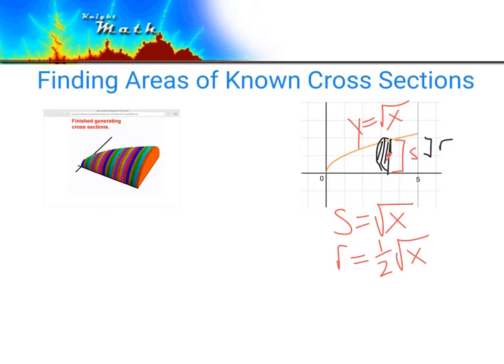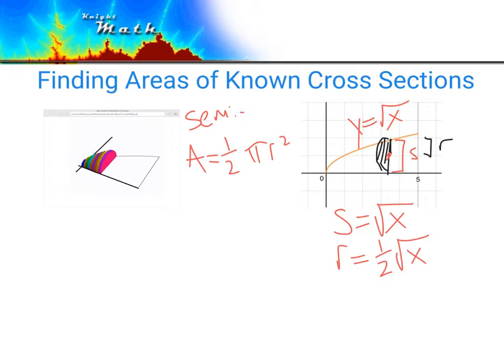And there you go. And so now we can find the area of that semicircle. The area of a circle is pi r squared, so this is 1/2 pi r squared for a semicircle. Now, what is the radius? It's 1/2 square root of x, so we're going to substitute.